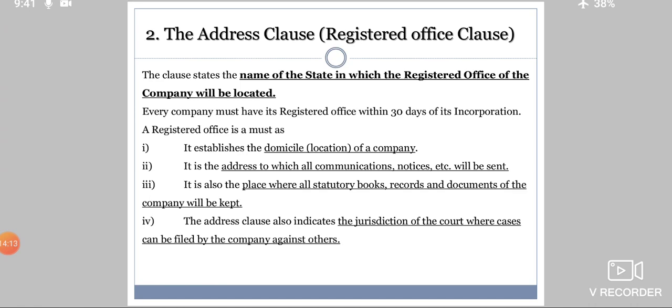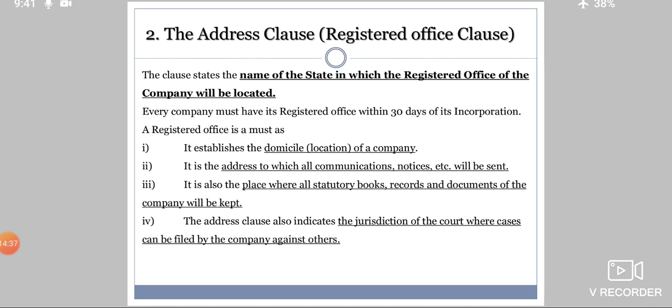So the address clause will mention the state where the registered office is. See, every company must have its registered office within 30 days of its incorporation. As soon as the company is incorporated, within 30 days, the company must have its registered office.